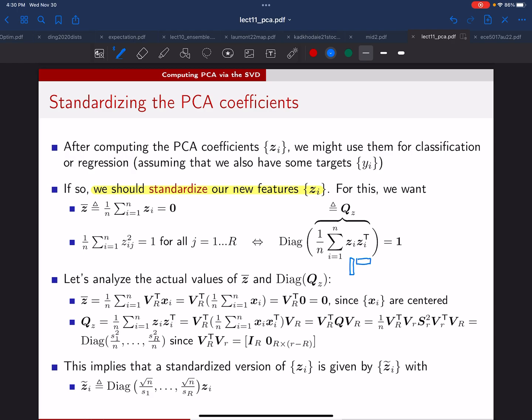If I'm looking at the jth diagonal term, I'm looking at the jth entry of that vector and the jth entry of this vector on the right. Now you have this quantity times the same quantity, so that gives you the squaring.